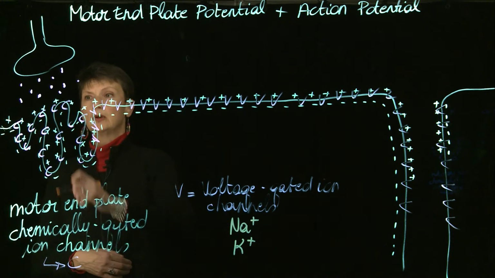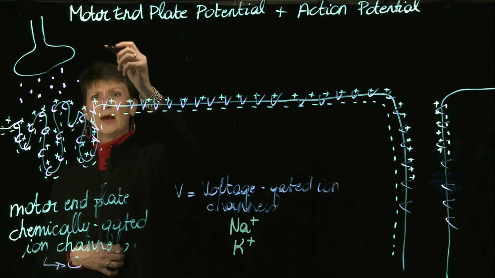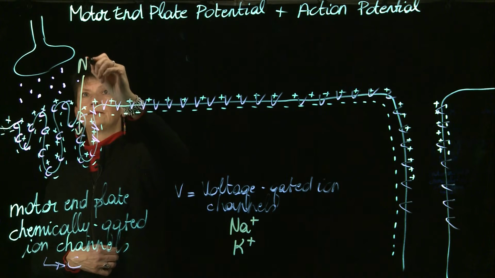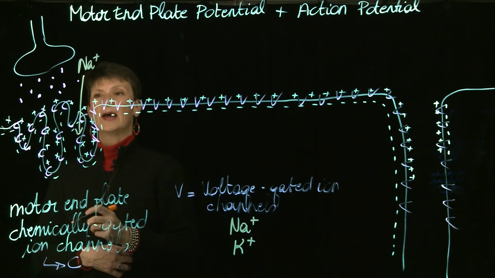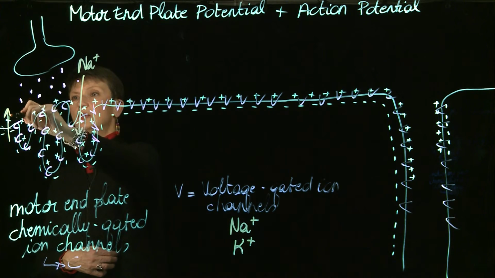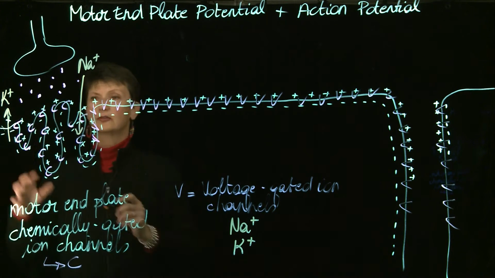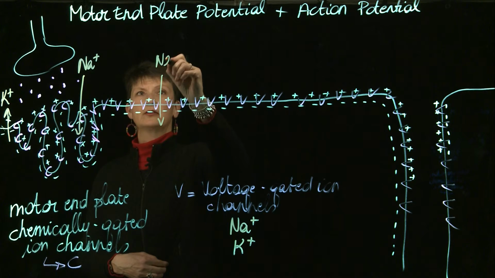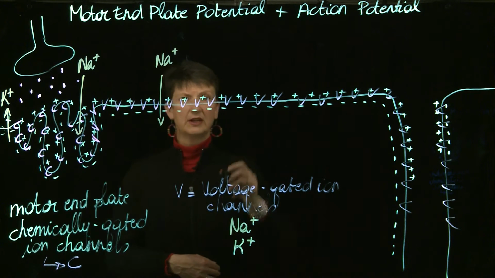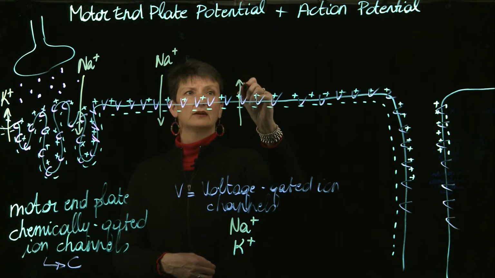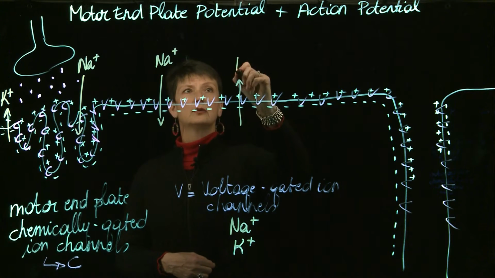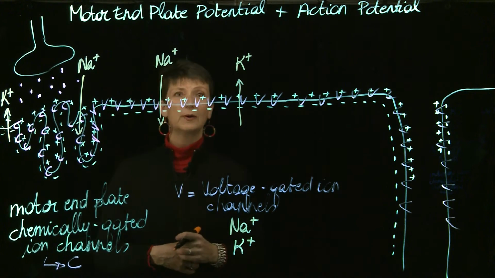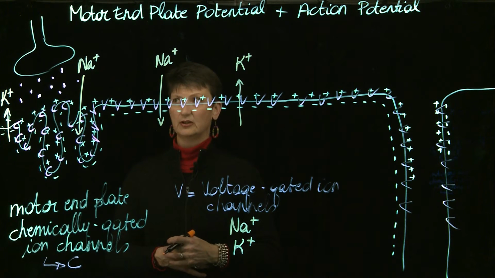Always, sodium will rush in, no matter where we are, while potassium will always move out, whether it's through the chemically gated ion channels or the voltage-gated ion channels. It doesn't matter. And this is because the direction of the flow of the ions, as you know by now, is determined by their concentration gradient.